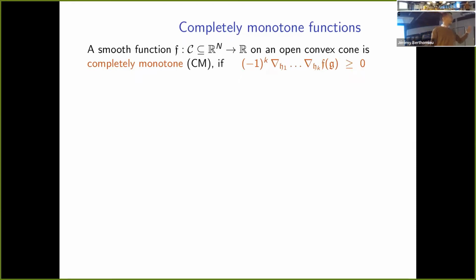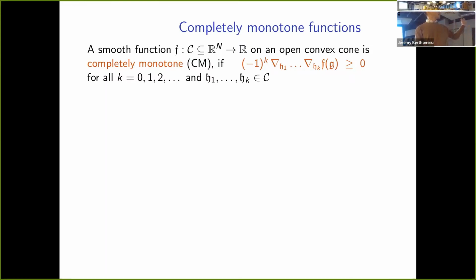If I take the k-th directional derivative of my function f and multiply by the sign (-1)^k, then this function has to be non-negative on the cone C. Here h_1, ..., h_k have to come from the cone itself. The directions have to point in the cone, and k can be an arbitrary natural number.